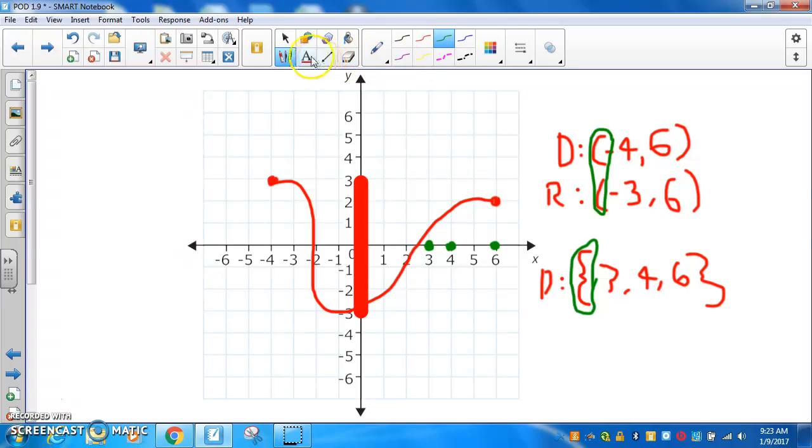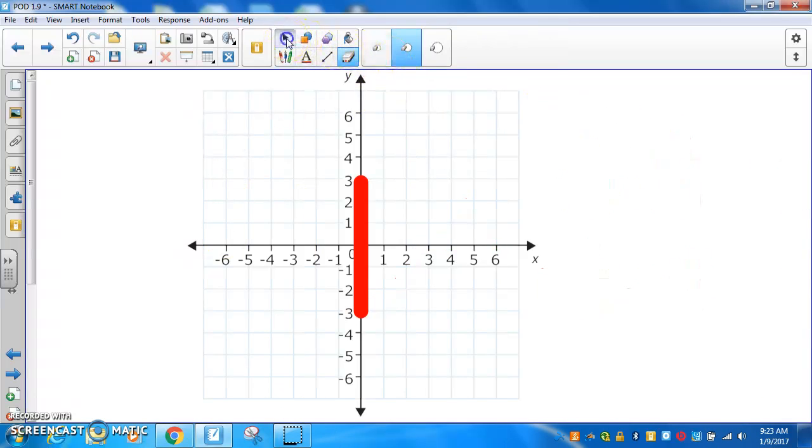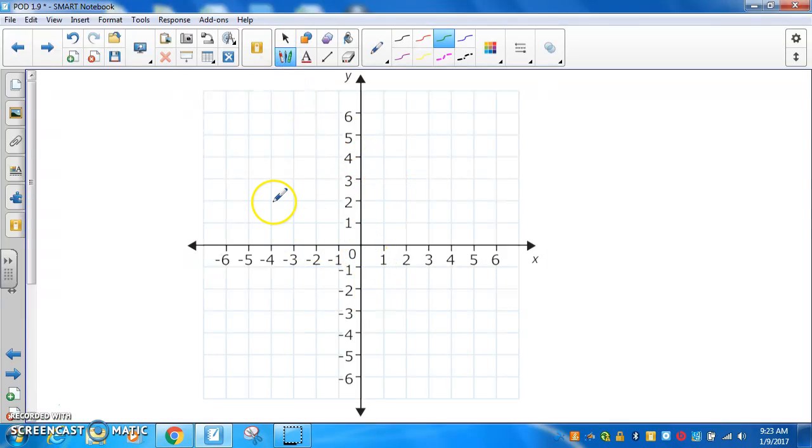So let me give you another one really quickly here, and just a quick refresher. If I had a few points here, here, and here, I think you worked on finding the domain and range earlier, right?